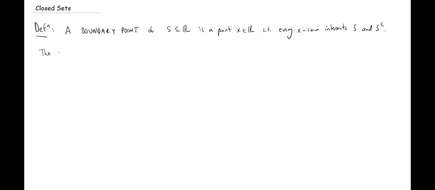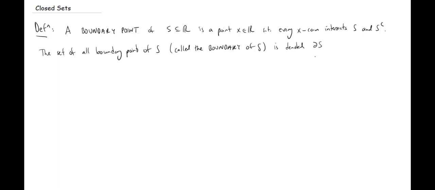So the set of all boundary points of S, right, which is going to be called the boundary of S, is denoted, and we're going to use, oh my goodness, it's the partial derivative symbol. All right, so in LaTeX, that's backslash partial, okay? But this is what in math we're going to use for the boundary of a set S.